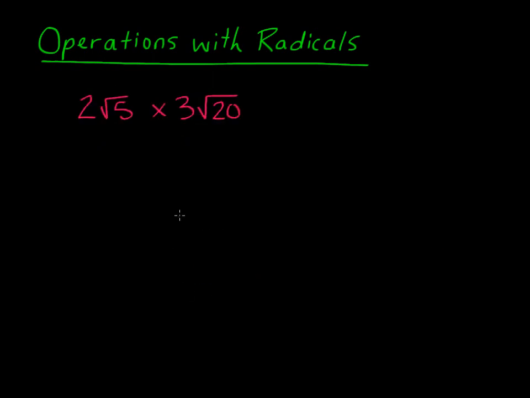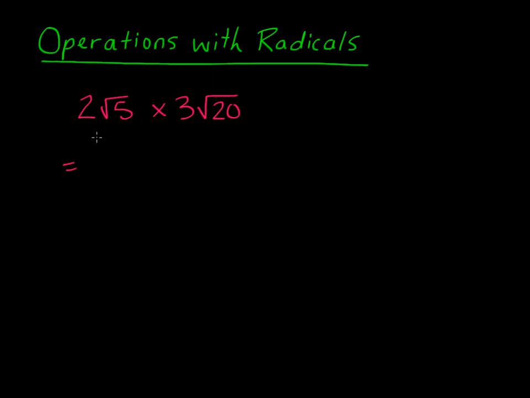Okay, here's an example where we're working with mixed radicals. A mixed radical means that we have a whole number part and a radical part. Now, when we're working with mixed radicals, if we're multiplying, then whole numbers can be multiplied to whole numbers and radical parts can be multiplied by radical parts.